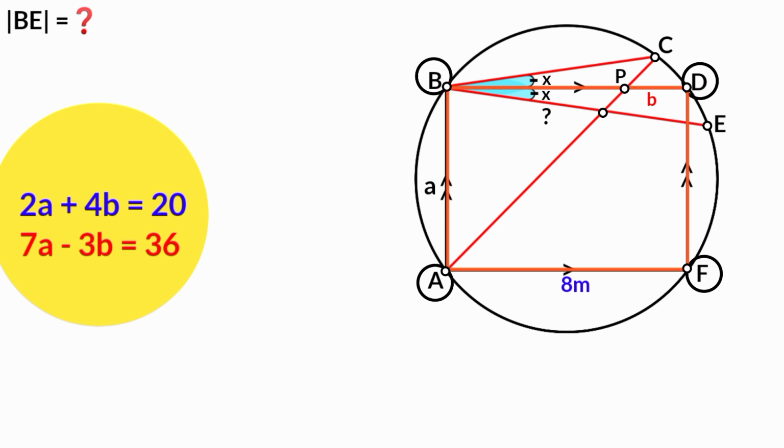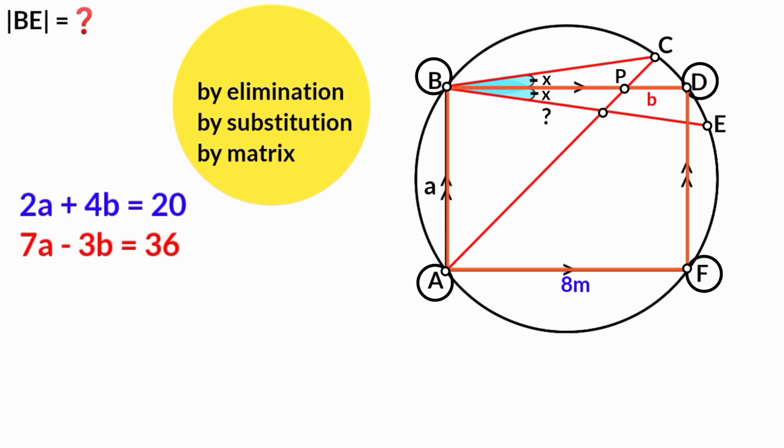Here we have 2A plus 4B equal to 20 and 7A minus 3B equal to 36. We have to solve these equations simultaneously. We can either solve by elimination, substitution, or by matrix. I think elimination will be faster.